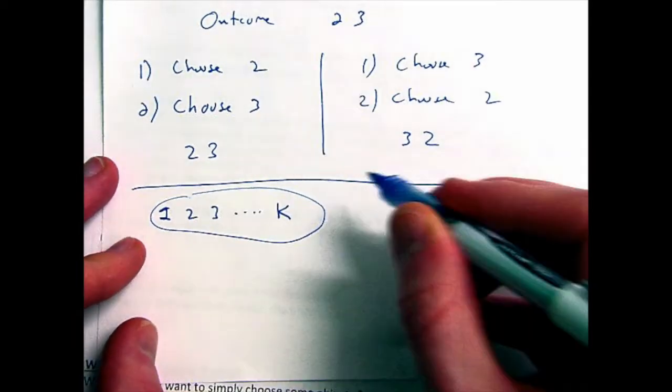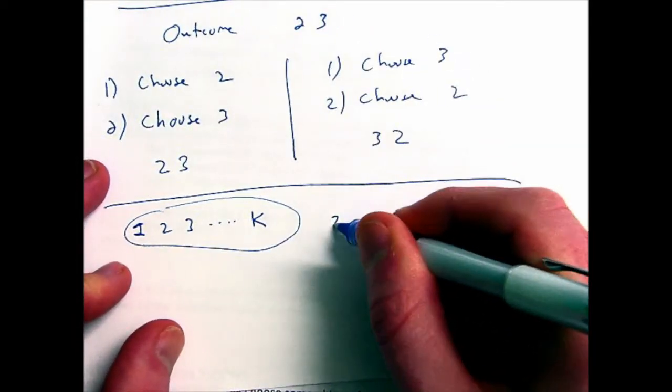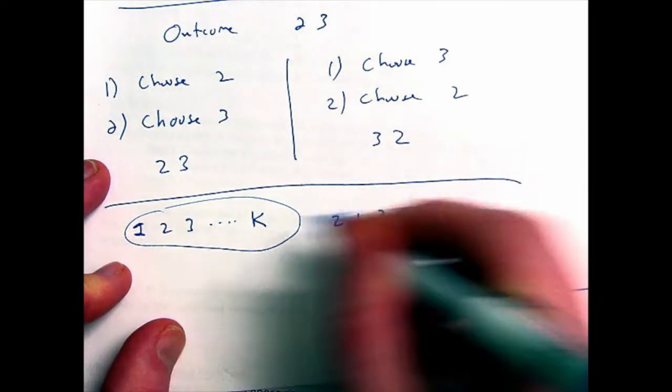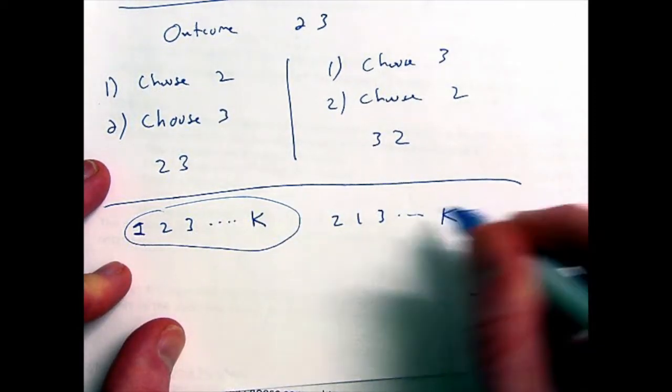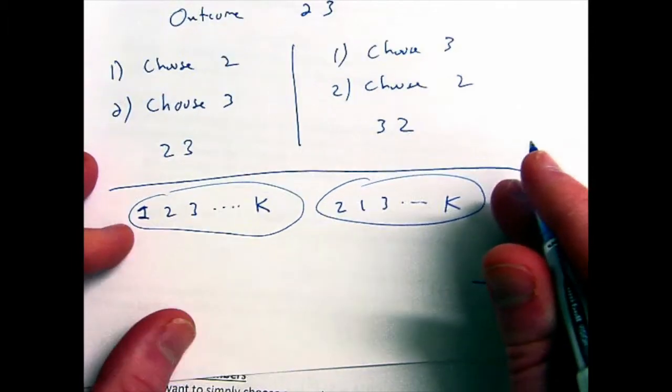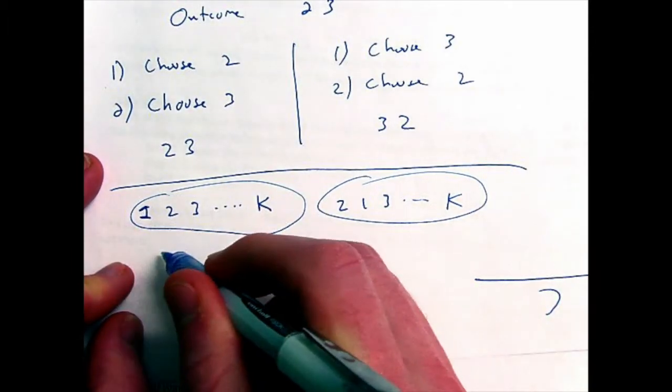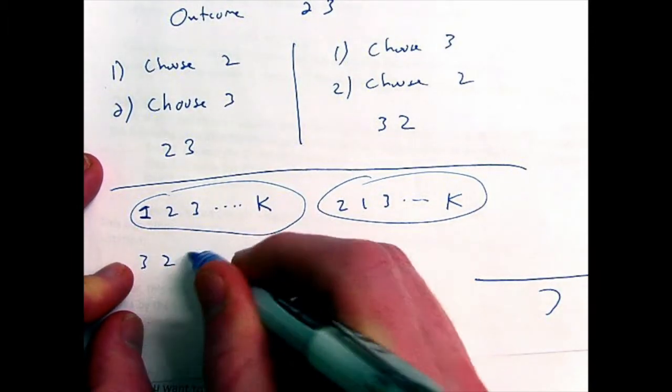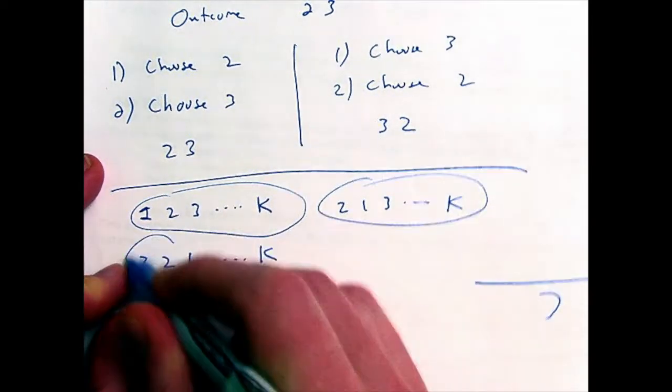Well, it gets counted once in this form, and it gets counted again as 2, 1, 3, if you just switch the 2 and the 1 all the way up to k. That's another way that it gets counted. It also gets counted as, say, 3, 2, 1, and then all the other numbers up to k.